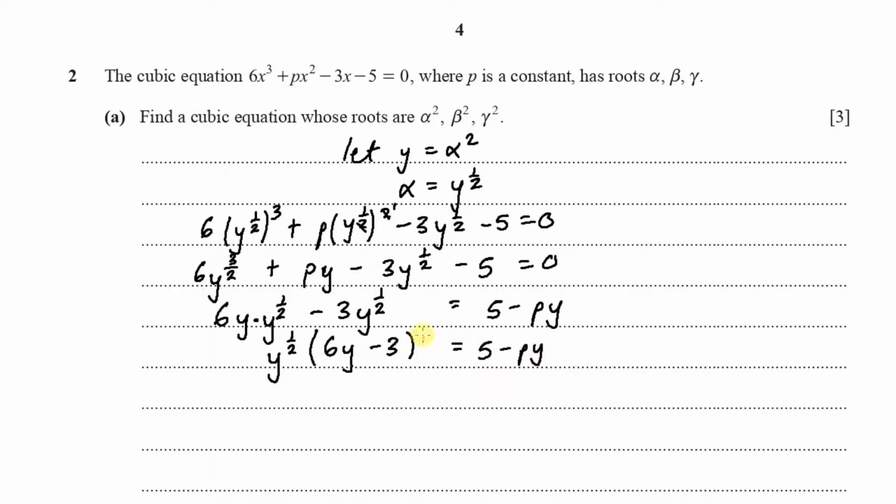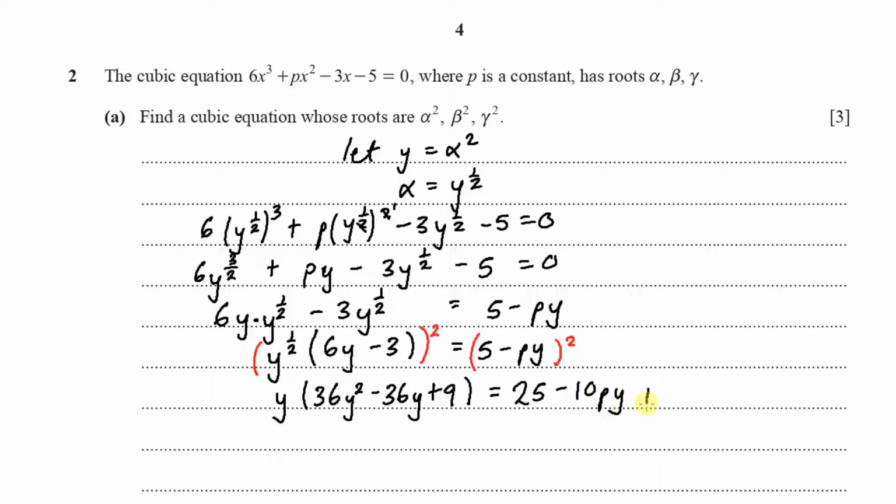So from here I can square both sides, and if I do this, then on the left side, squaring y to the power of a half, I get y, and squaring 6y minus 3, I get 36y squared minus 36y plus 9, and it's equal to, squaring the right side, 25 minus 10py plus p squared y squared.